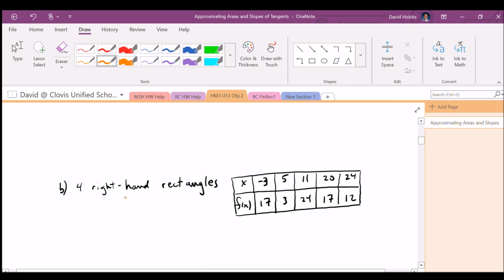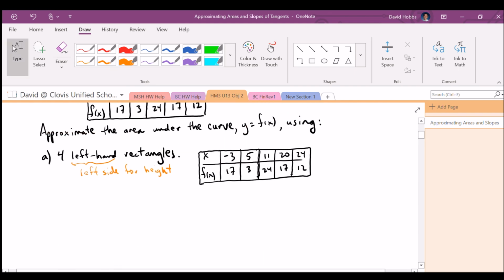You're doing the right side for the height. So it's actually a lot easier in many ways when we're doing left-hand rectangles and right-hand rectangles. Let's just go ahead and dive in.